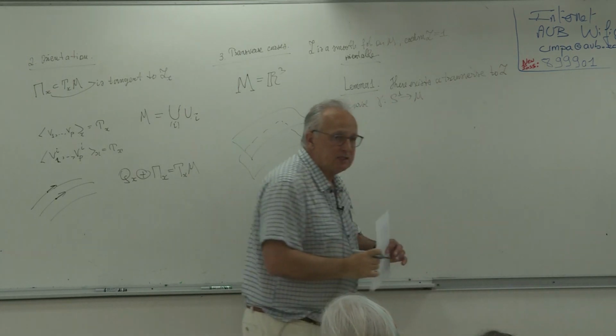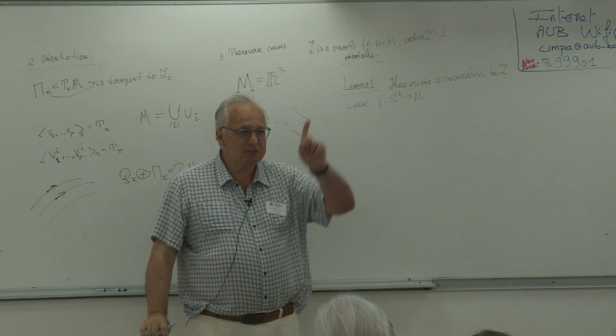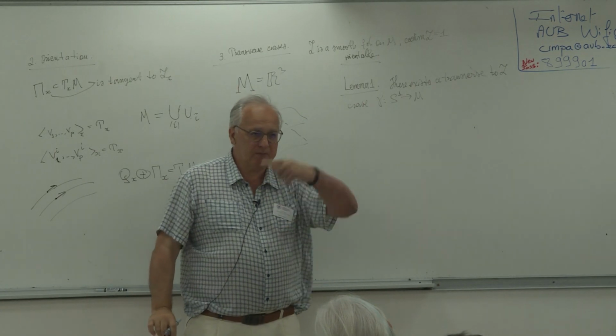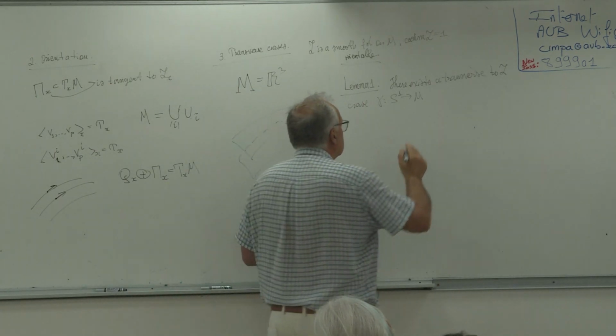Well, it's clear what I mean, yes? A curve which is everywhere transverse to the leaves. This is the first point.